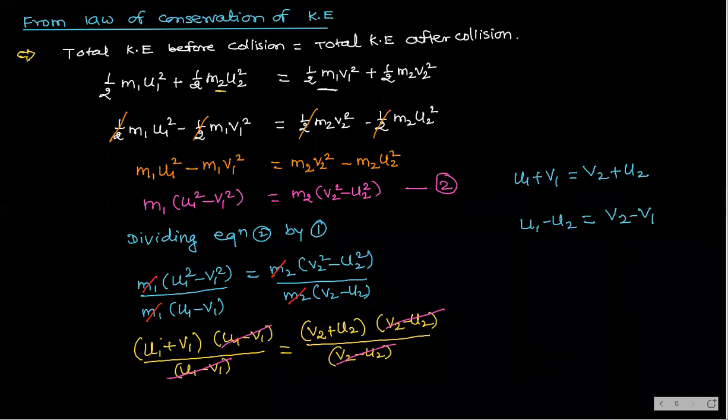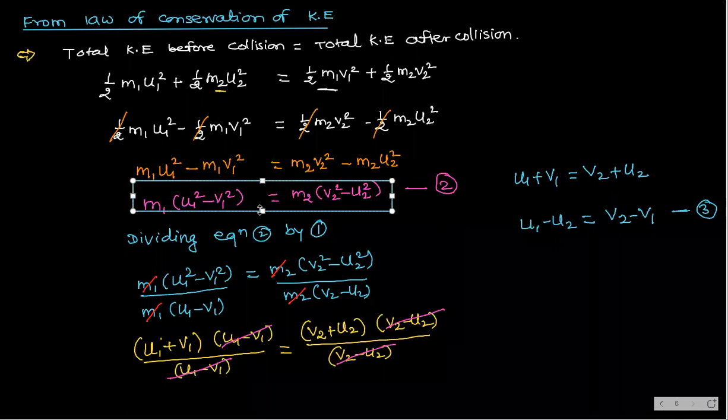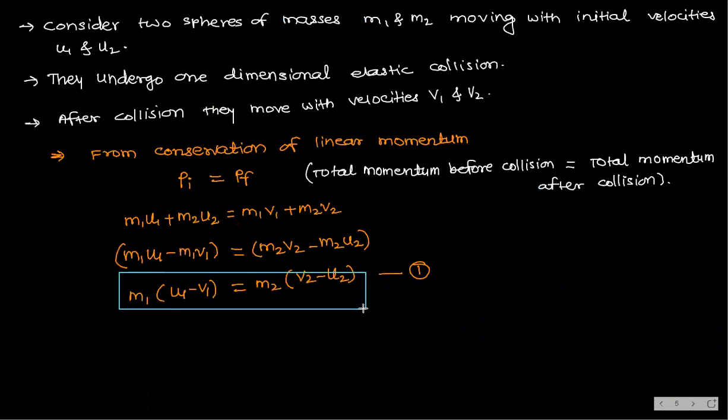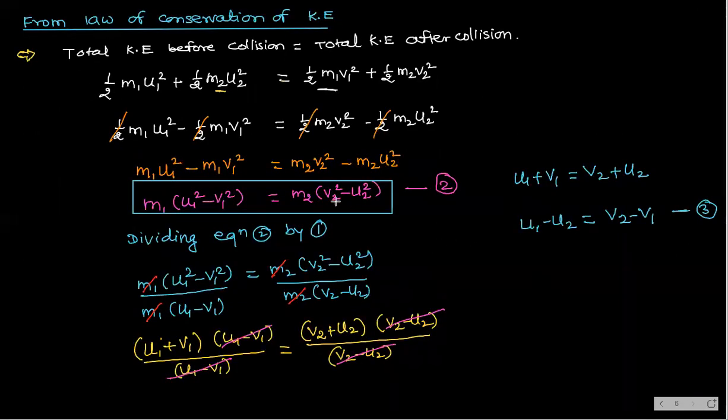Let's call this equation number 3. Let's keep all these equations in a box. These are equations number 1, 2 and 3. Very easy: we use conservation of momentum one time, conservation of energy the second time, and the third time, whatever is left, you take u1 and u2 on one side and v2 and v1 on the other side.